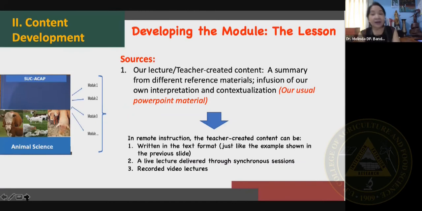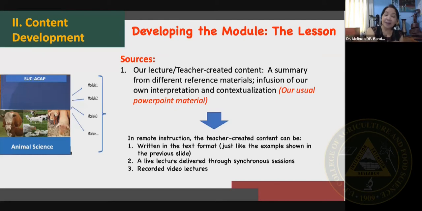So, still on the lesson, I want to focus more on the teacher-created content. Yung ating ibinibigay sa mga estudyante. So, in remote instruction, the teacher-created content can be written in the text format.